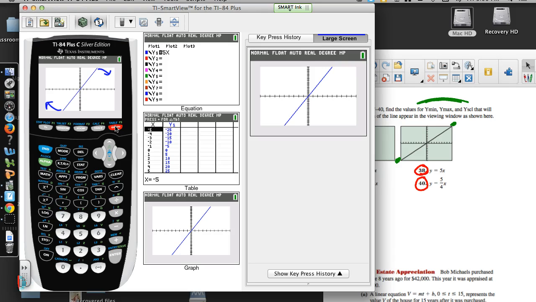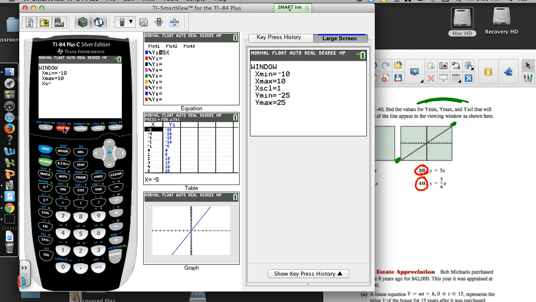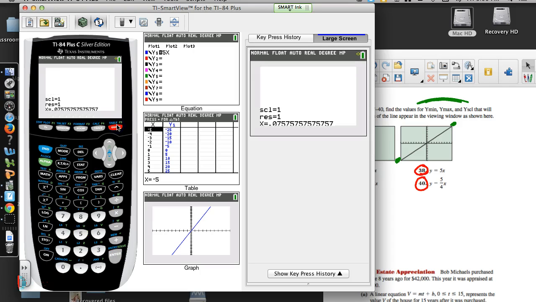And what I'm having to do is put in a lot more y's to make that squish happen. And I need to go back in and say, okay, that wasn't enough. And I'm going to be very careful to stop and wait for the calculator this time instead of assuming that it's keeping up with me. And I'm going to try negative 50 to 50 and see how close that is.